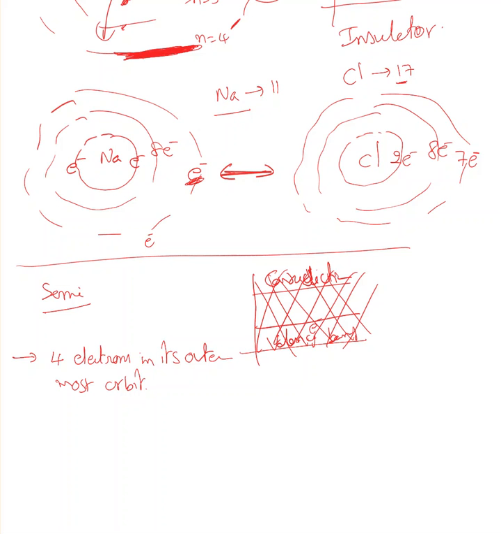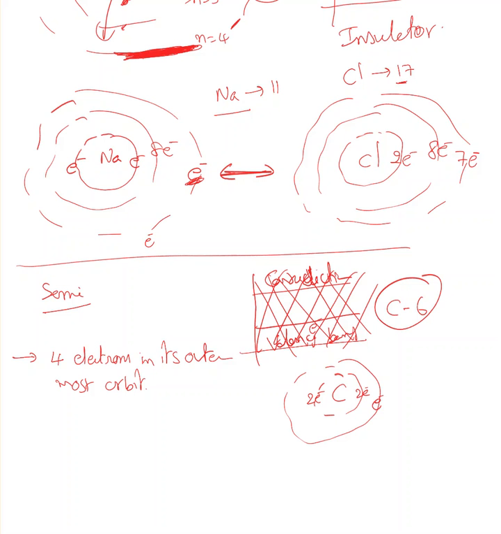If you look at carbon, the atomic number for carbon is 6. It has 2 electrons in the first orbit, and the second orbit has 4 electrons. But carbon acts like a conductor; it is not a semiconductor, even though it has four electrons in its outermost orbit.